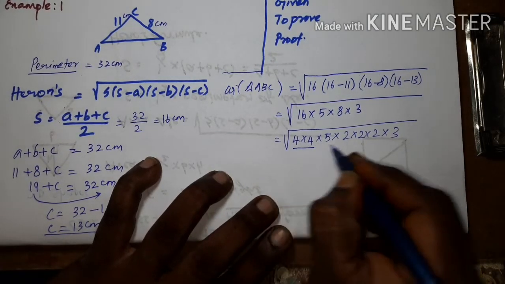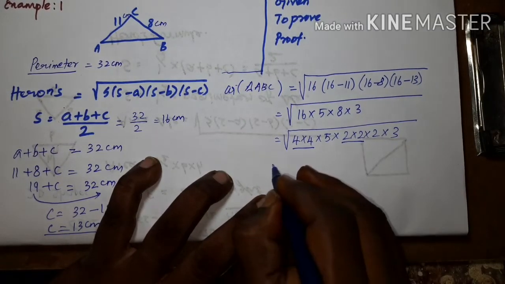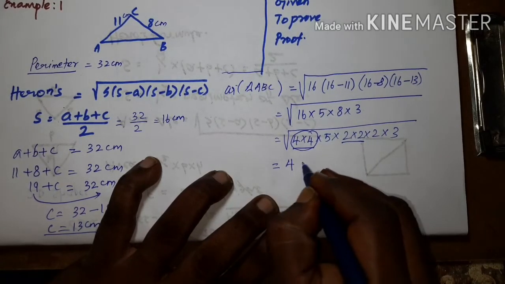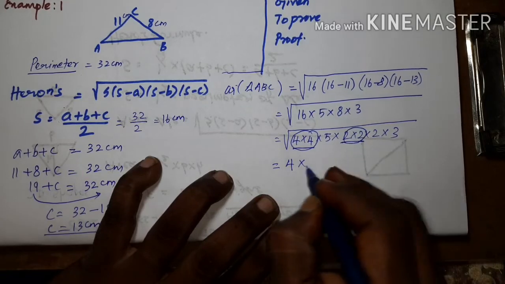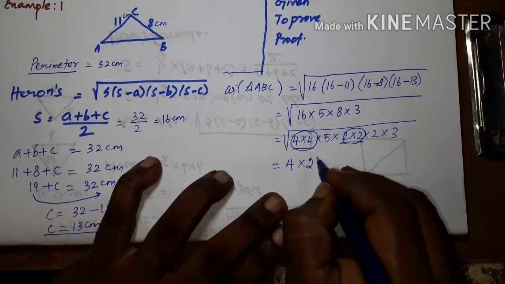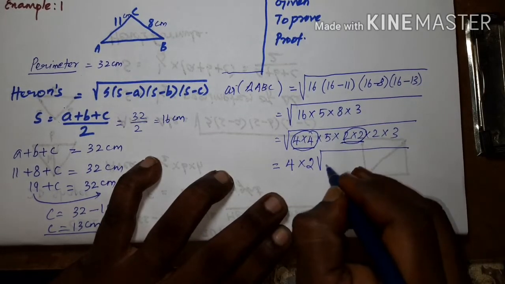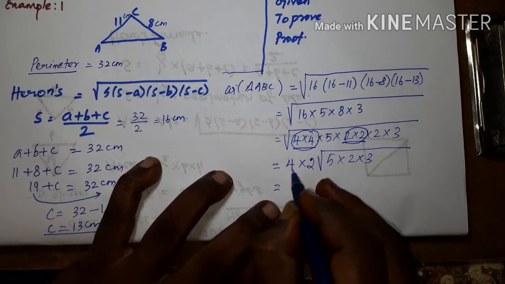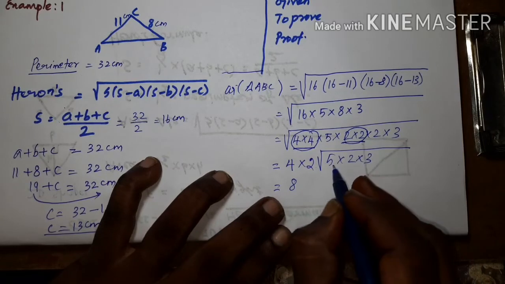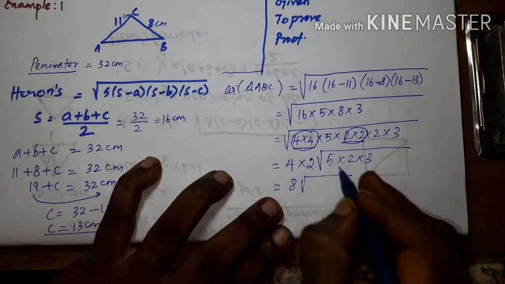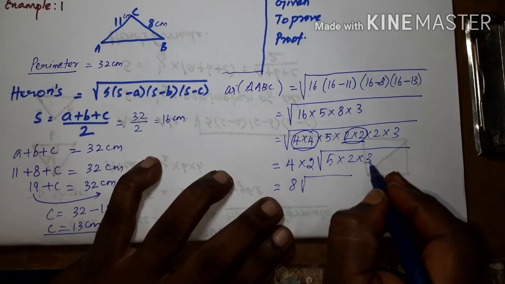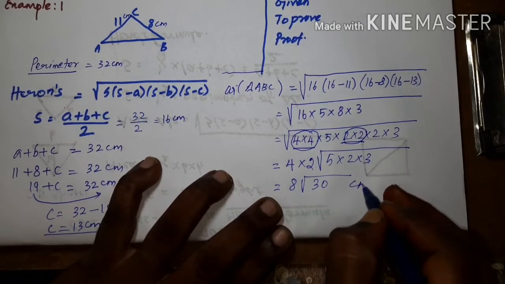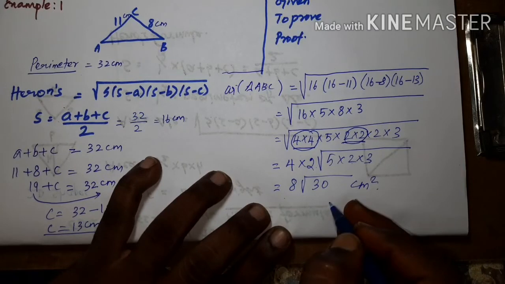If a number appears twice, you can pick one number, that is the square root answer. So 4 appears 2 times here, so I am going to take only one, and 2 appears 2 times here, so I am going to take only one. The remaining values inside the square root are 5 into 2 into 3. So which is equal to 4 twos are 8, and inside the square root, 5 twos are 10, 10 into 3 is equal to 30. So 8 root 30 centimeter square is our required answer here.